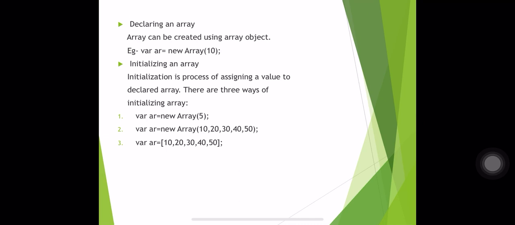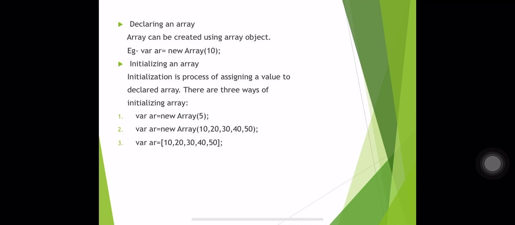The first one is where the array name is equal to new Array object, and in brackets the size of the array, that is 5. In the second method, the variable name AR is equal to new Array, the Array object, and in round brackets you give all the values of the array separated by commas, that is 10, 20, 30, 40 and 50.